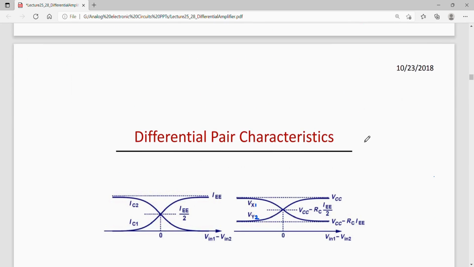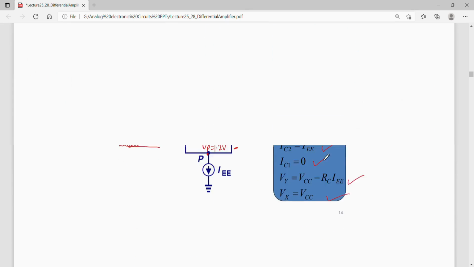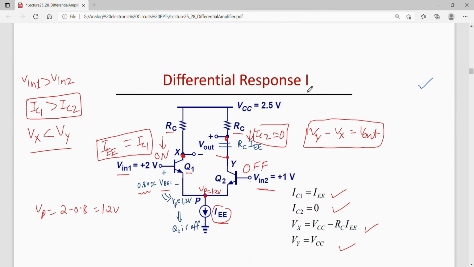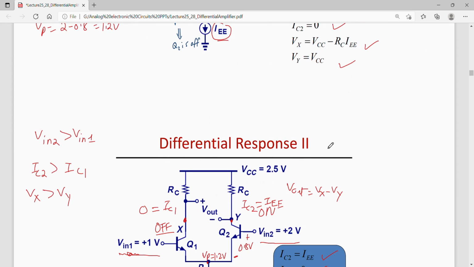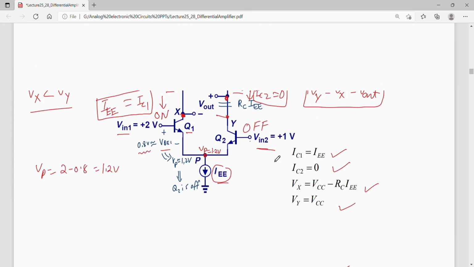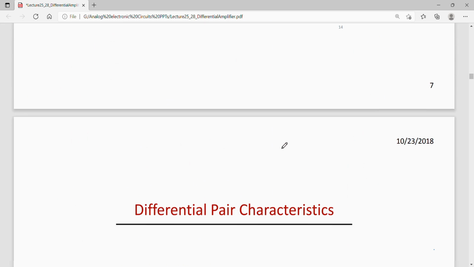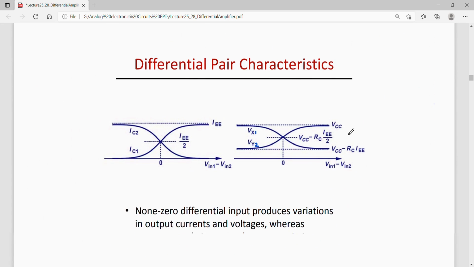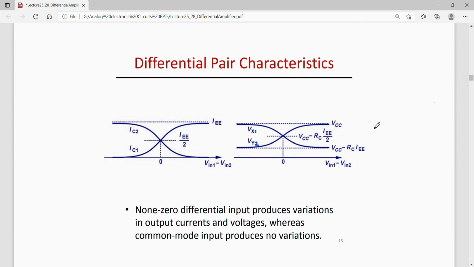Okay. Now from these two circuits, that is this differential response 1 and differential response 2, I can now use these two responses to plot the IV characteristics of the differential pair. So the IV characteristics can be plotted by looking at the response 1 and response 2 that we have just seen.